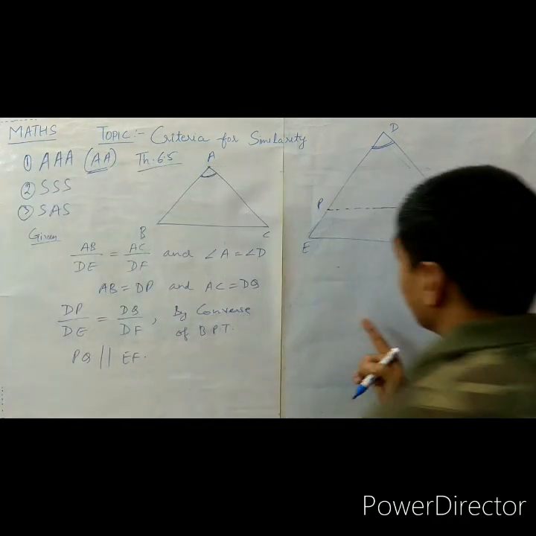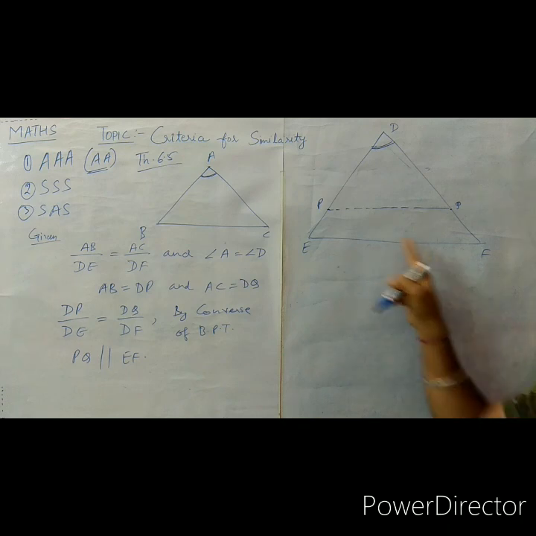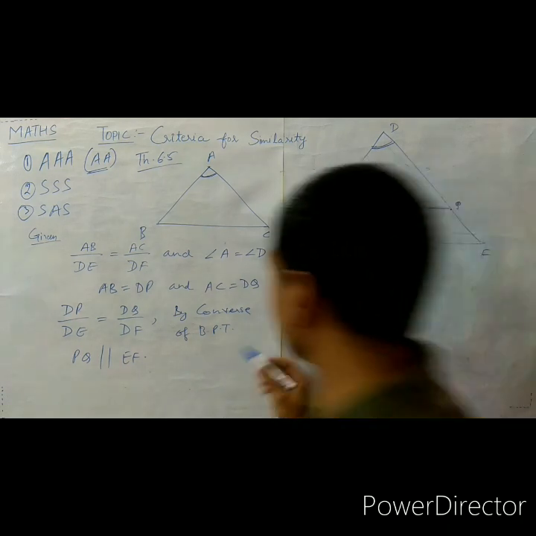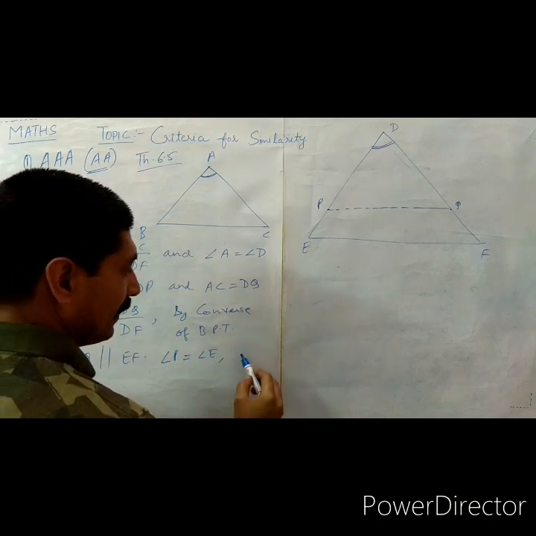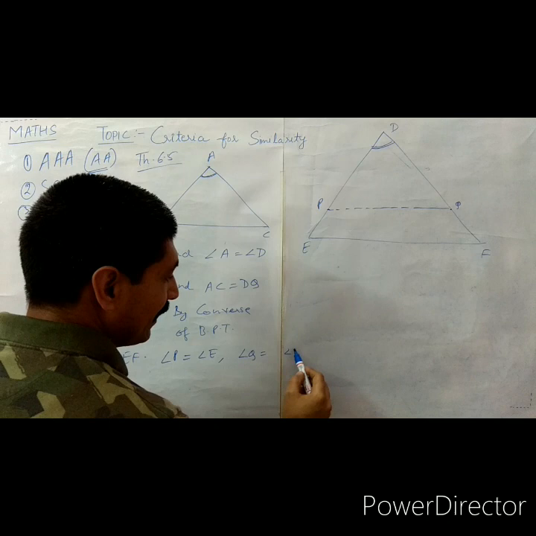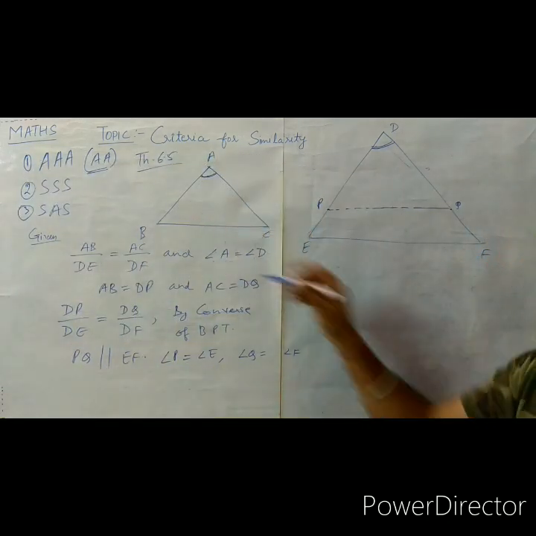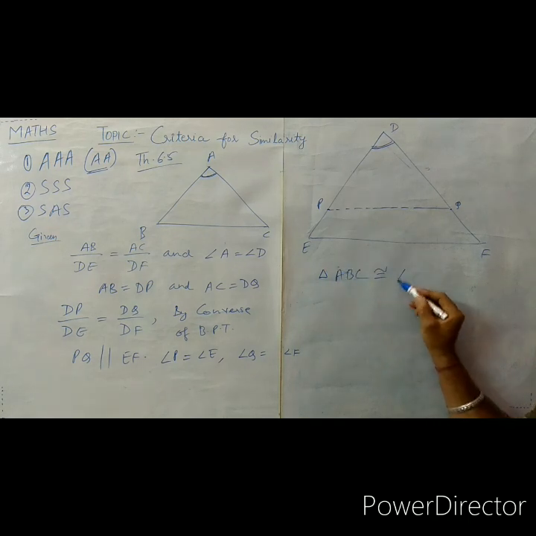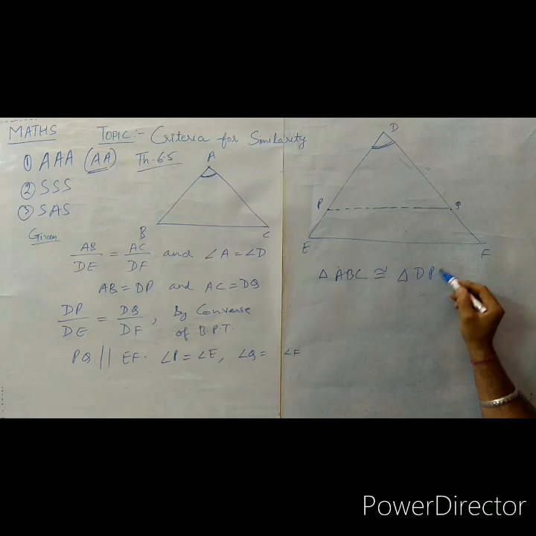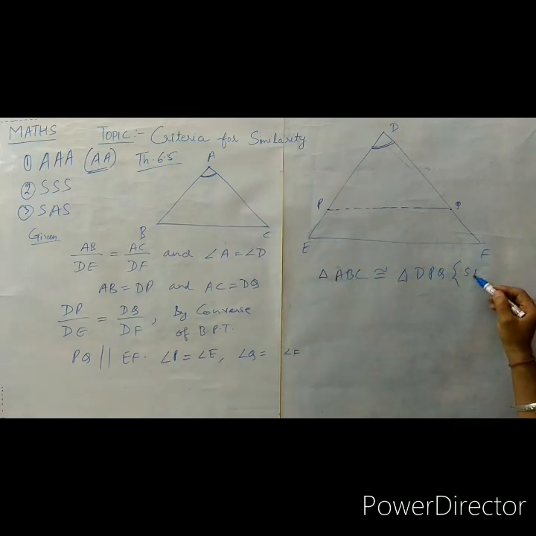Now, if PQ is parallel to EF, then angle P is equal to angle E, and angle Q is equal to angle F. So here we have triangle ABC congruent to triangle DPQ by the side rule of congruence.